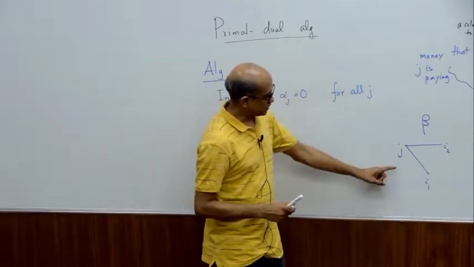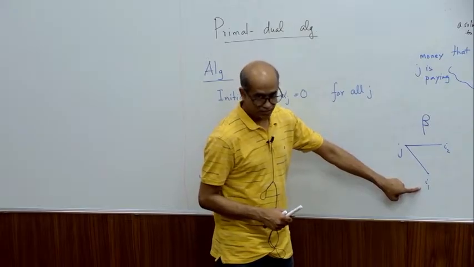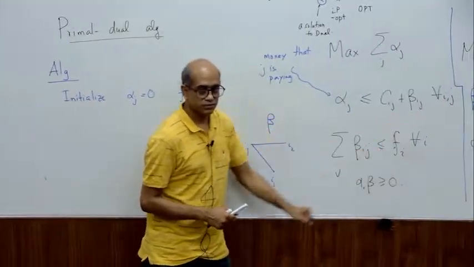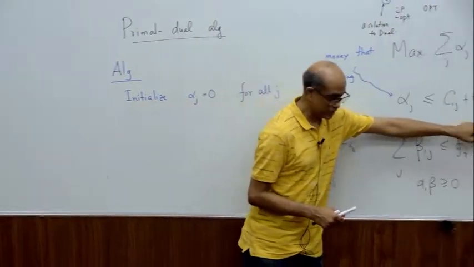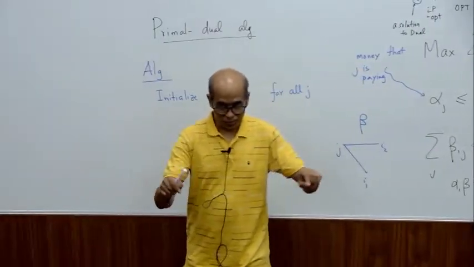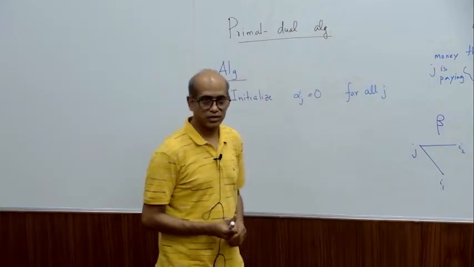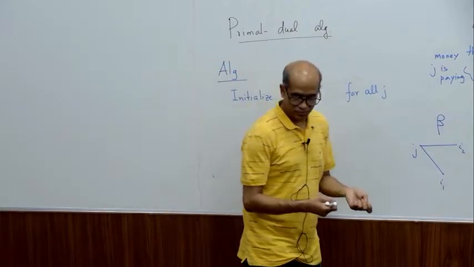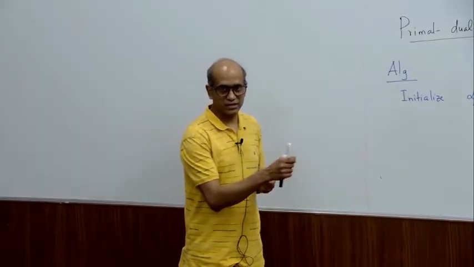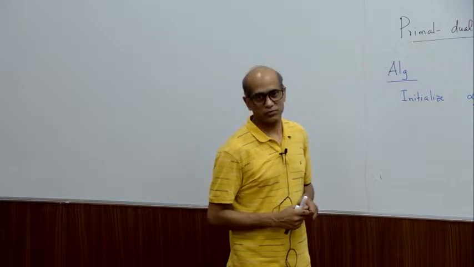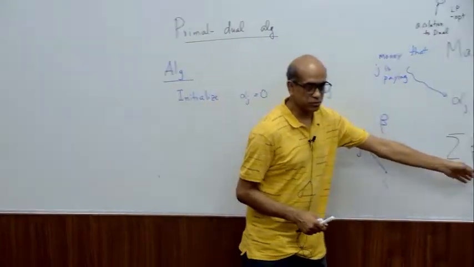At some point, alpha j reaches c_I1j, so when you raise alpha j, you have to raise this one also. Similarly, when alpha j reaches c_I2j, you have to raise beta I2j also. So the same j could be paying for multiple facilities. That's possible. But then one has to be careful: each demand can only eventually pay for one facility. But in the algorithm, or in the fractional solution, many of these can be positive.